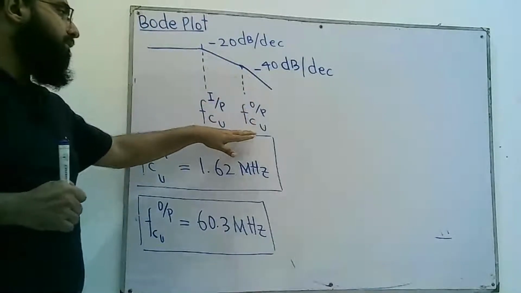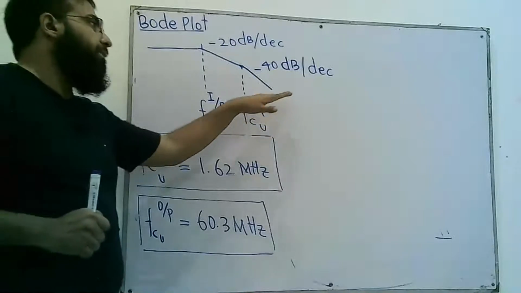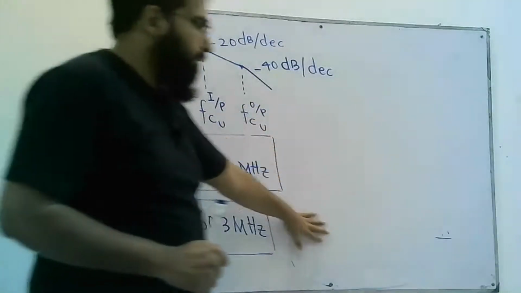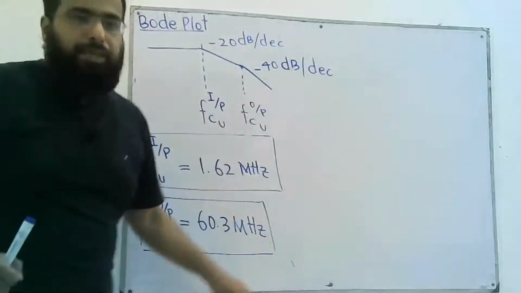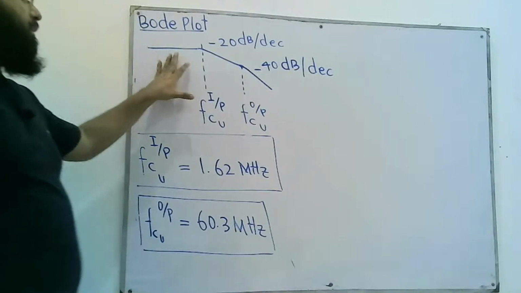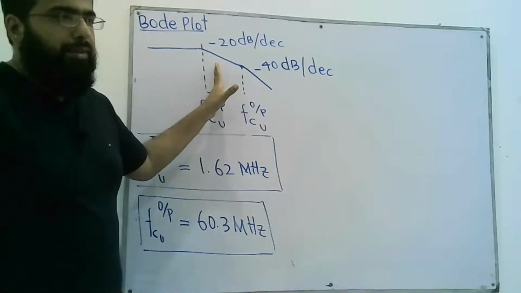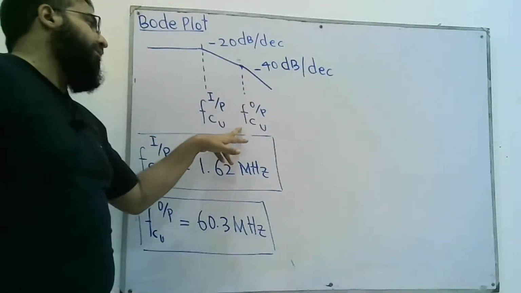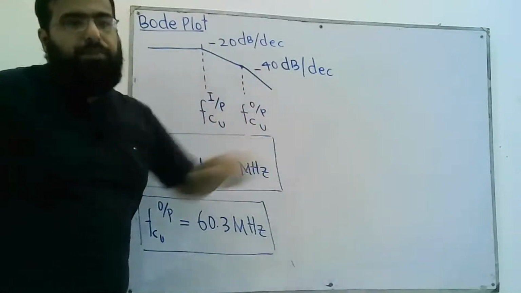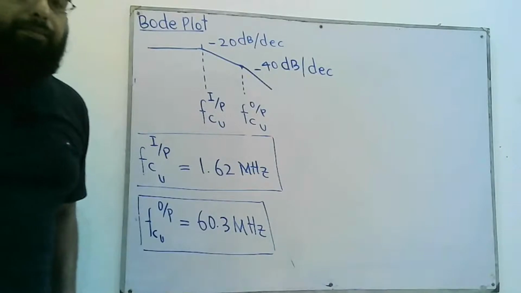Then, as we reached the second cutoff frequency, it became minus 40. And then we reached the third cutoff frequency and it became minus 60. But here we have only two numbers. Therefore, initially this is minus 20 dBs per decade, and as we get the second cutoff frequency, the roll off becomes minus 40 dBs per decade.